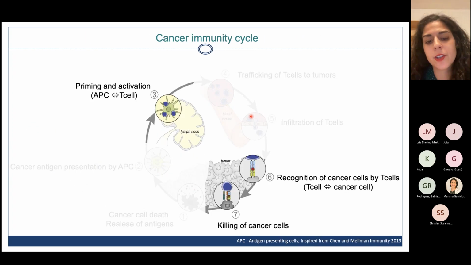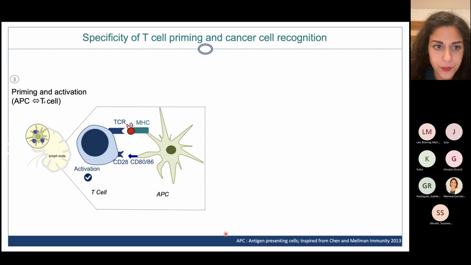So the immune checkpoint blockade basically acts on step 3, and on steps 6 and 7. At step 3, the antigen-presenting cells present the antigen to the T cells that have the specific receptor to sense the antigen. But actually, this specificity alone is not enough to activate the cells.